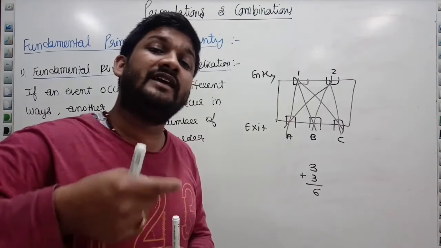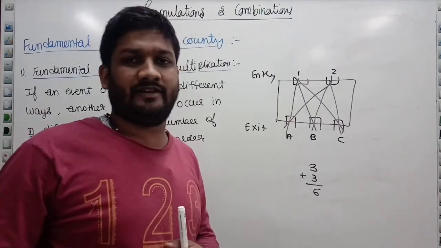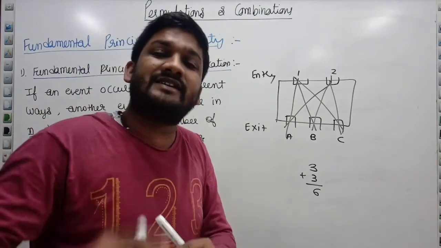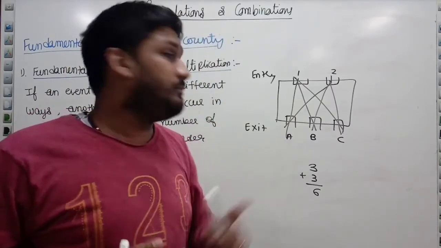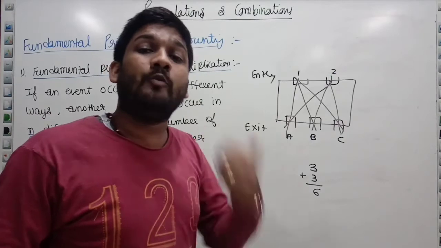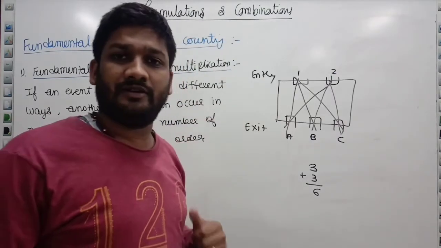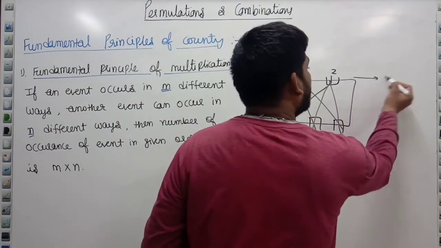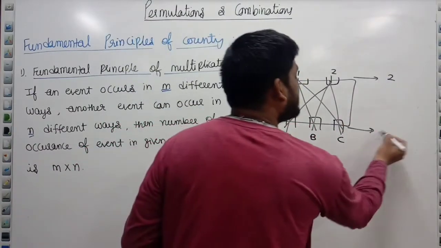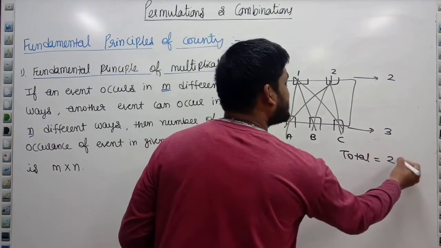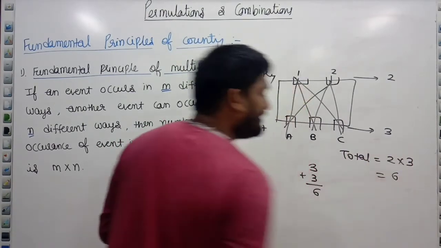One is entry and the second is exit. After entering I will exit, and only after entering and exiting will the task be complete, because the question asks in how many ways a person can enter and exit from the theater. How many entry points are there? 2. How many exit points are there? 3. So the fundamental principle of multiplication says the total number of ways is 6.